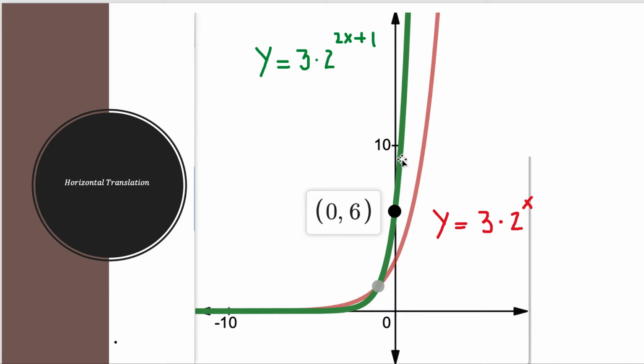But as we are going further and further up, this gap between the red function and the green function is going to increase. But if we are going down, the gap between the red function and green function is going to decrease. So it's not uniform in the whole space, but the number 1 signifies just that, for example at the intersection point, it translates horizontally 1 unit to the left.